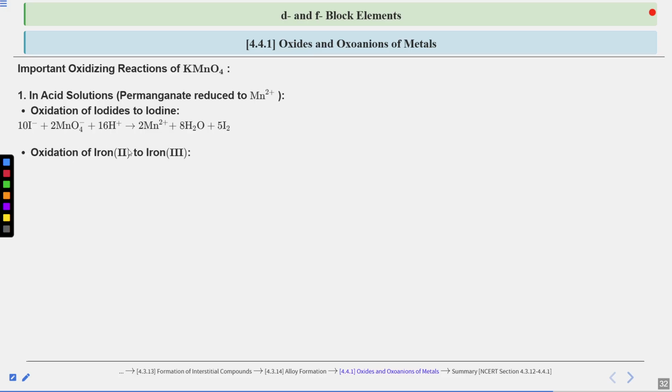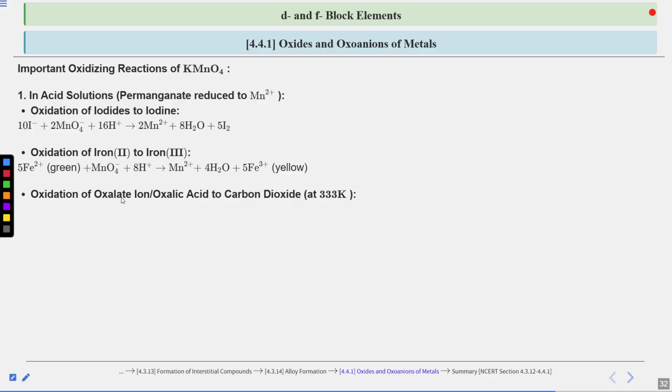Second is oxidation of iron 2+ to iron 3+. So iron 2+, which is green in color, reacts with MnO4 minus plus 8 H+, converting to Mn2+, 4 water molecules and 5 Fe3+. So iron 2+ converts to iron 3+, and the permanganate is reduced to Mn2+.